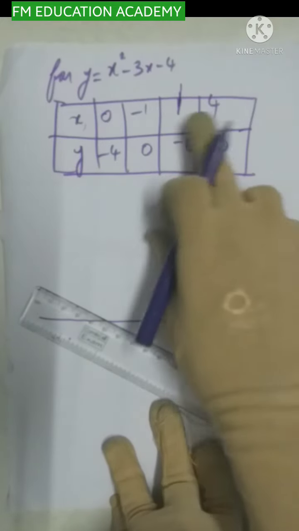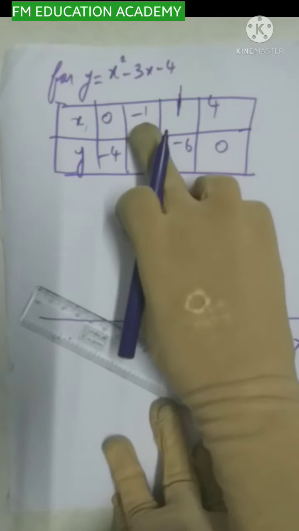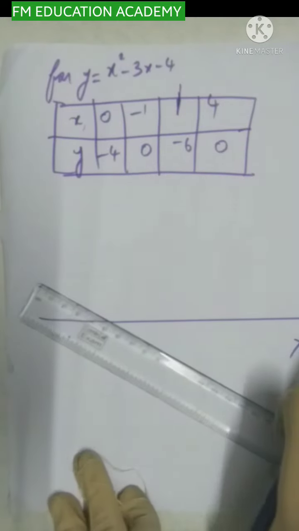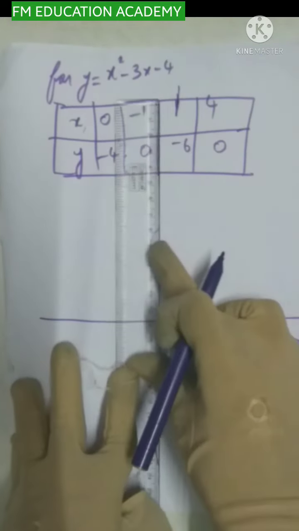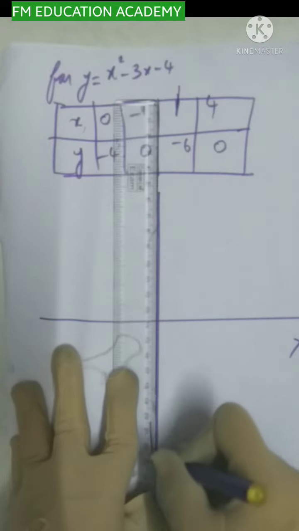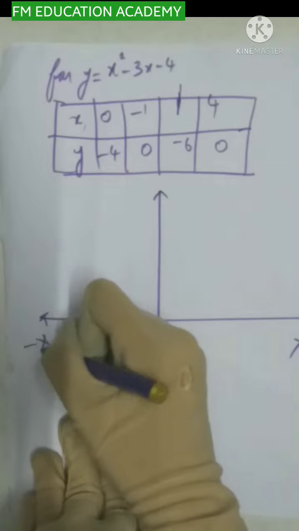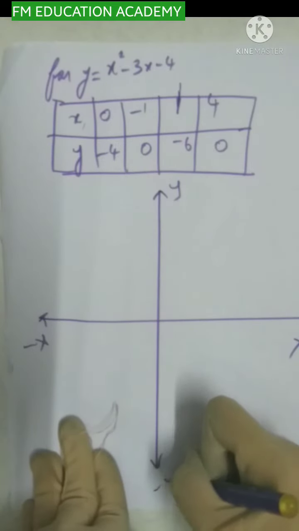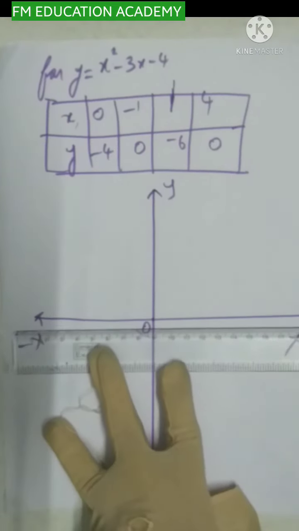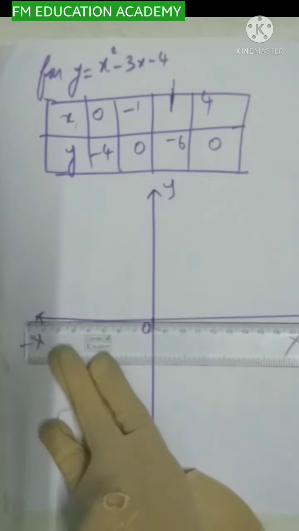X values are all small, and only one value is minus 1, others are 4. So here I can take this as y-axis, minus x-axis, plus y-axis, minus y-axis, this is 0. See, on the graph all the boxes will be of 1 centimeter.